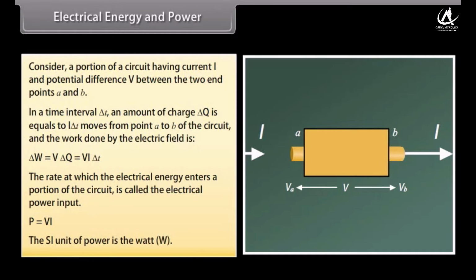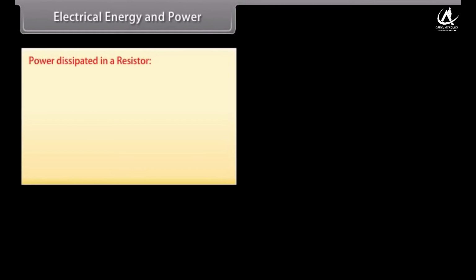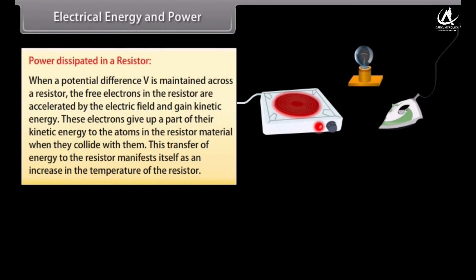The SI unit of power is the watt, W. Power dissipated in a resistor. When a potential difference V is maintained across a resistor, the free electrons in the resistor are accelerated by the electric field and gain kinetic energy. These electrons give up a part of their kinetic energy to the atoms in the resistor material when they collide with them.